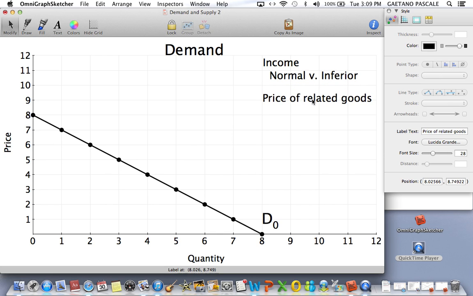If I talk about the price of a related good, I'm going to need to tell you whether or not they are complementary or substitute goods.